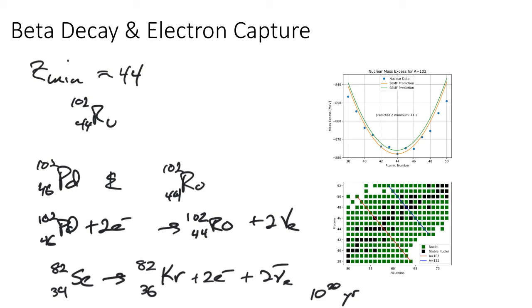Basically, you have to have at least 10 to the 20 atoms of selenium-82 and look at them for a year to be able to see this kind of decay. And because this involves two weak interactions together, it's a second-order weak interaction, and that's why the half-life is so long.